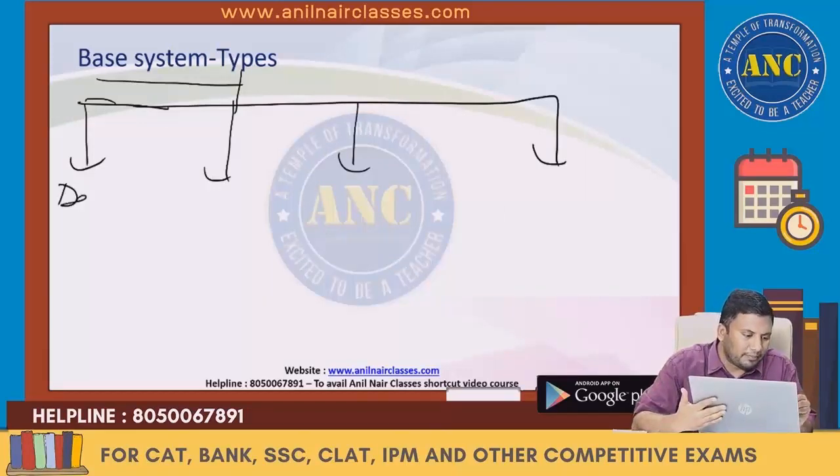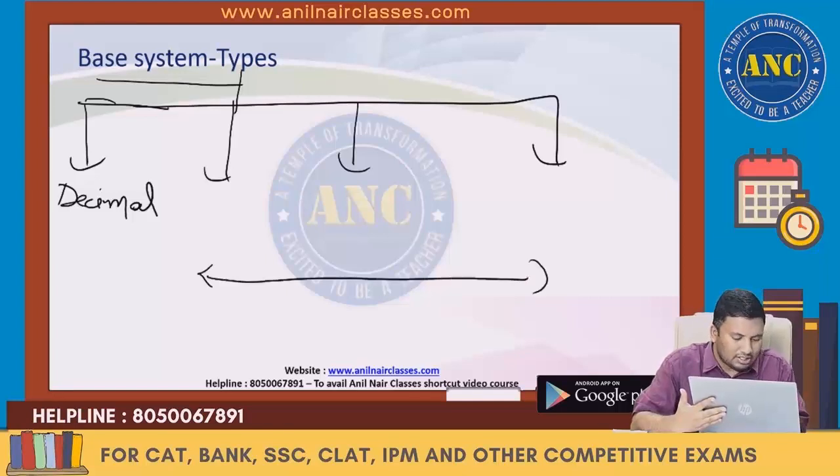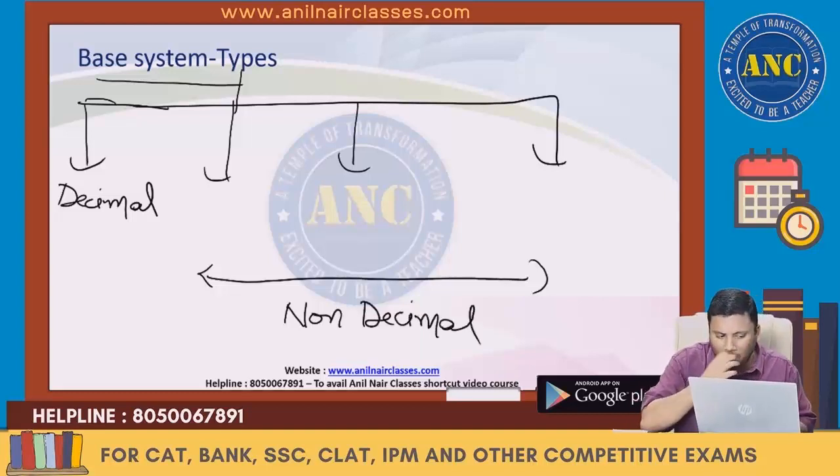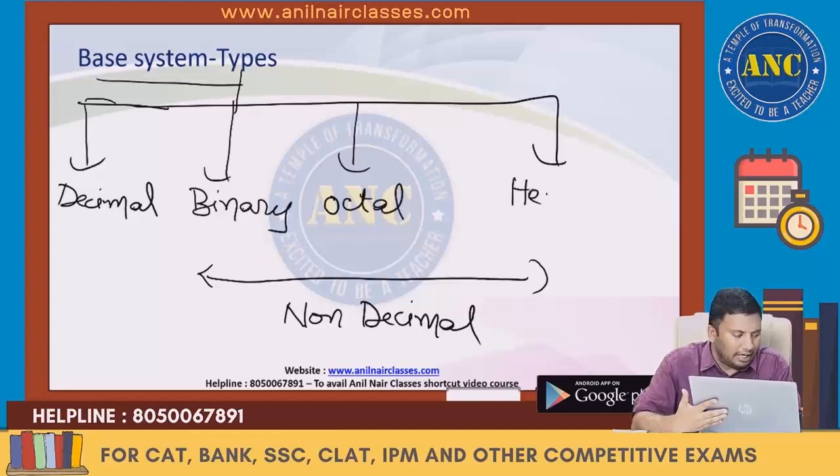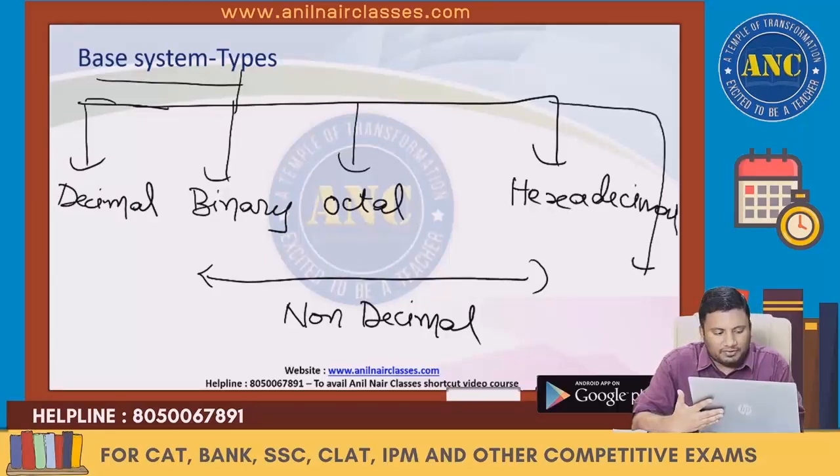Now decimal. I will call decimal one category and I will call all the rest non-decimal. One is a decimal and another is a non-decimal. What are these non-decimals? Non-decimal will be binary, or it could be octal, or it could be hexadecimal, or it could be any of the other base systems.